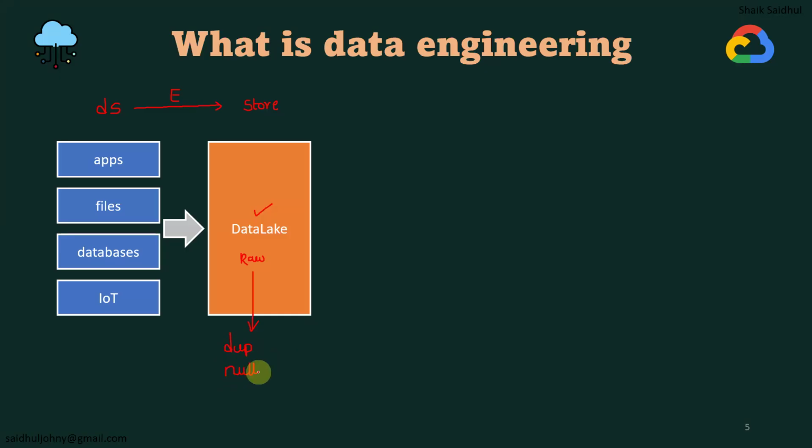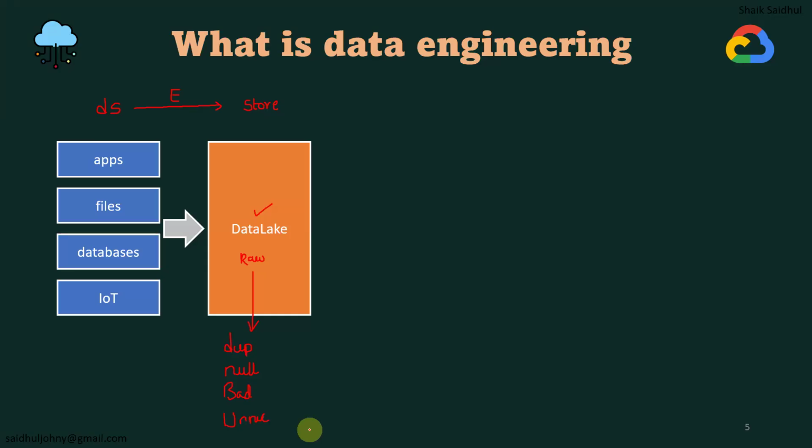It may have bad records also. It may have unnecessary columns or unnecessary data also. So these are some of the problems that the raw data may contain: duplicates, null values, bad records, unnecessary data.